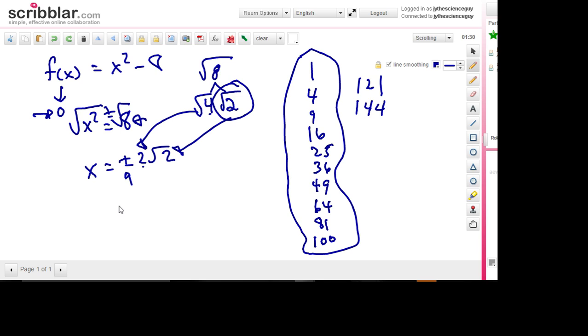Okay. When you square root a regular number, let me write that down. Yeah, because that makes sense, because it could be two negative numbers in front of it.